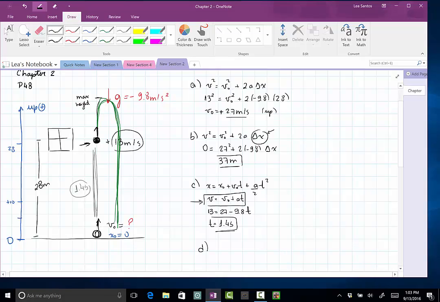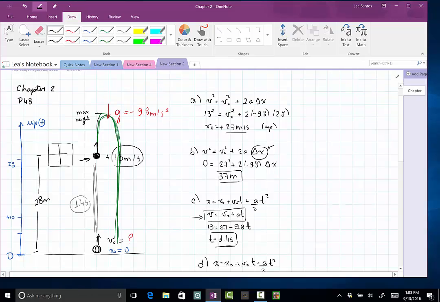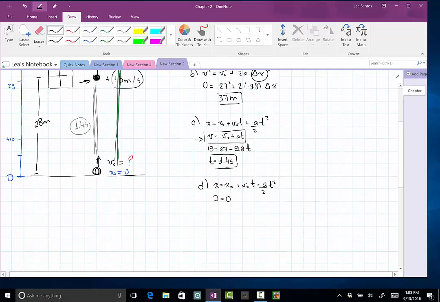Since I'm dealing here with position, I'm going to use this equation here. And what do we know? If I'm back to the ground, my position is 0. If I started from the ground, my position is 0. My initial velocity we found back up here, 27. So I'm just going to put here plus 27 t.